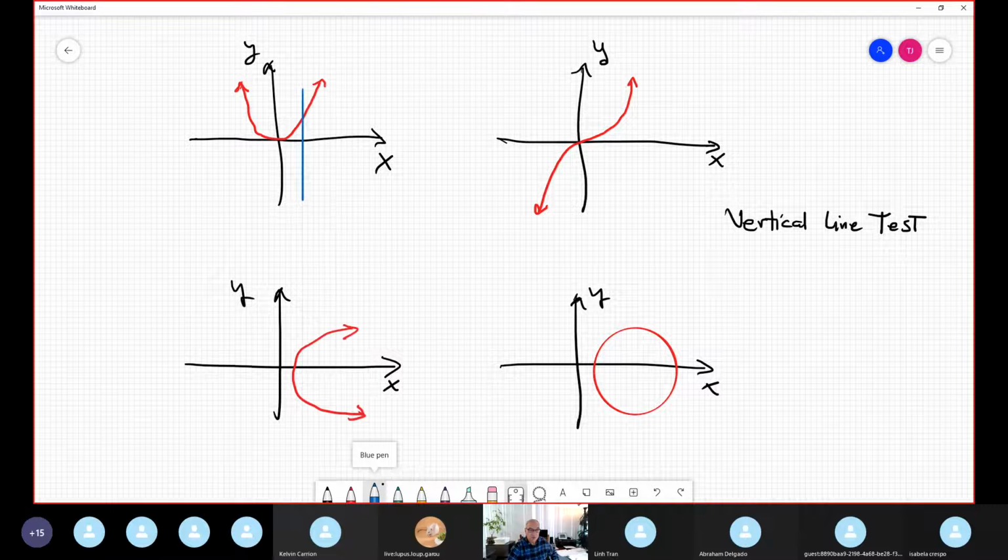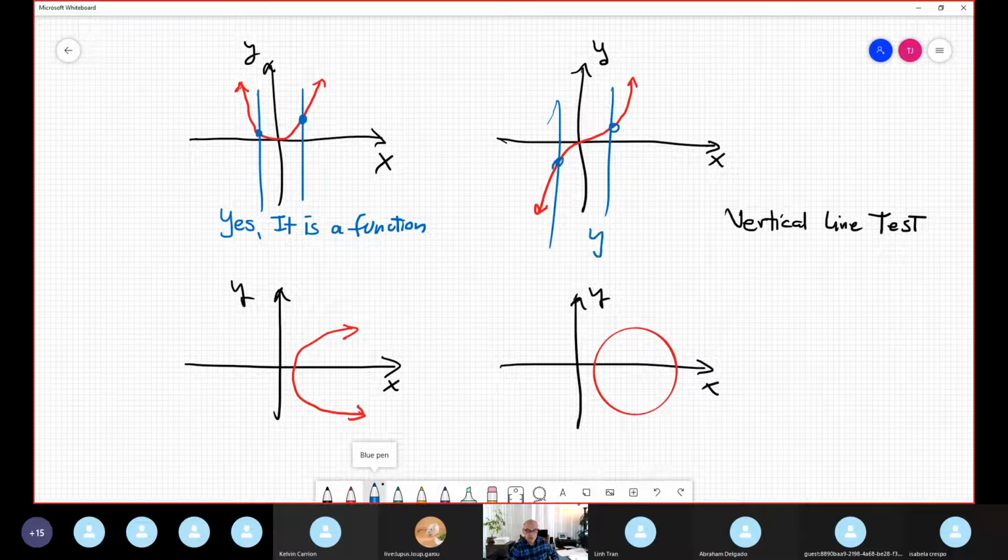Obviously it is a function, because it passes the vertical line test. You can do it in different positions, but it crosses only one point. The same happens here. It's a function, yes. This no, crossing 2 points. And this of course no, crossing 2 points. With 2 or 3 or more points, no. Only 1 point is a function. This is the idea of the vertical line test.